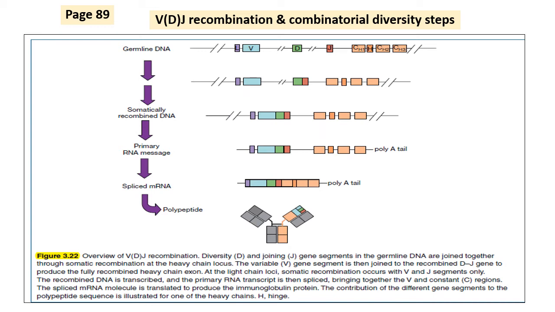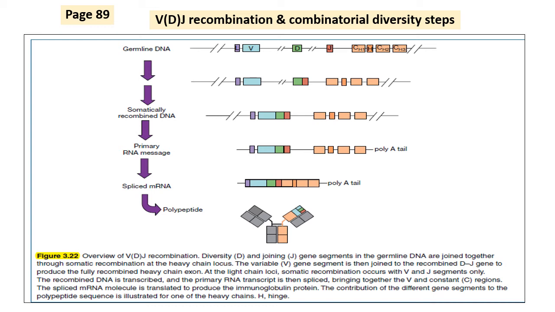Now, let us discuss the steps of BDJ recombination and combinatorial diversity. In figure 322, you can see how BDJ recombination occurs. BDJ recombination is a highly regulated and ordered event.